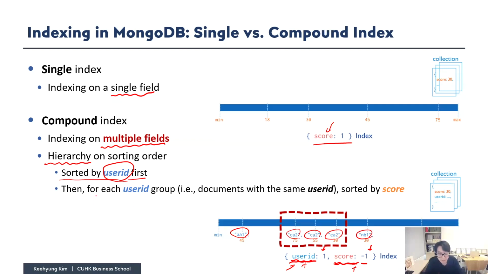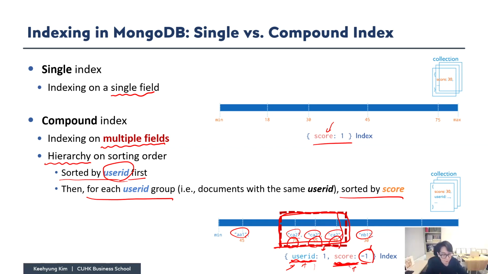And then for each user ID group, basically for those documents with the same user ID, like these 3 documents have the same user ID, CA2, among this group, it's sorted again by score. So we want to sort it by score in descending order. So 75, 55, 30, like this. So that's the compound index.